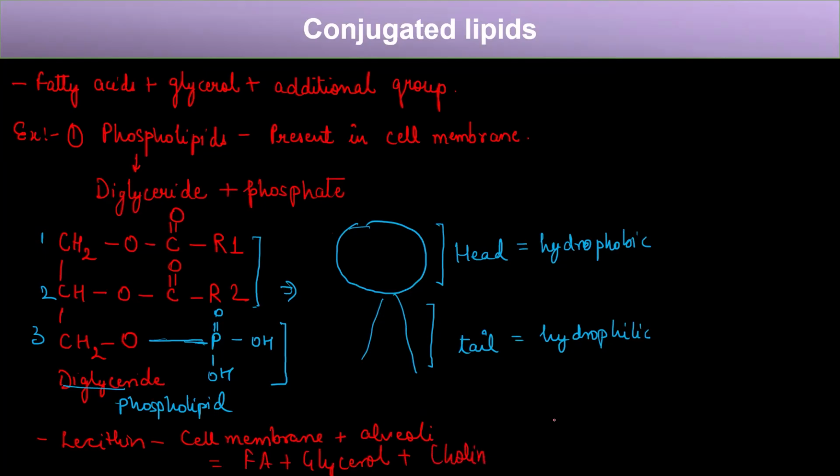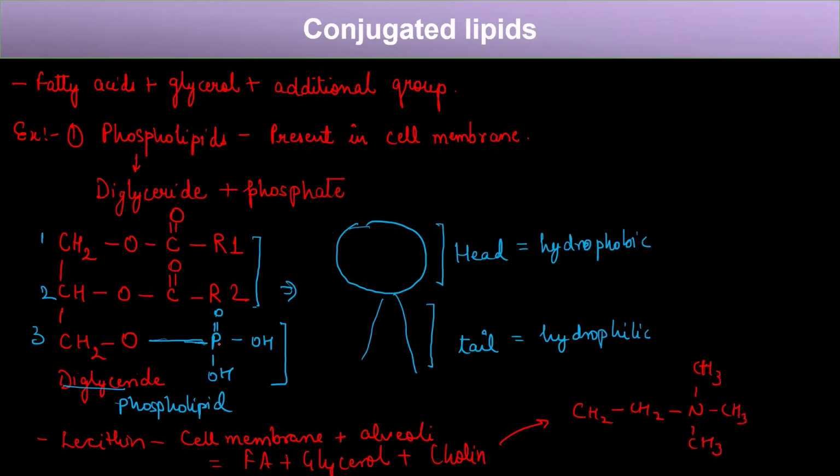And what is the structure of choline? Choline looks something like this: CH2, and CH3, CH3, CH3.